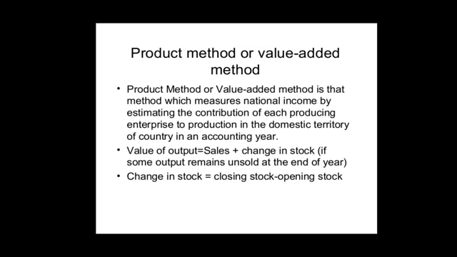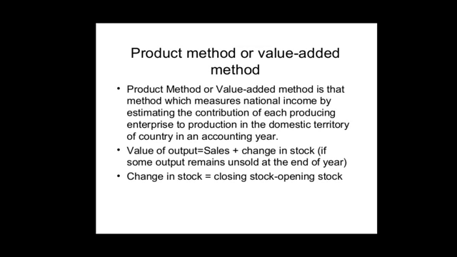Dear students, value added is the difference between the value of output and input at each stage of the production. So, in order to calculate national income by means of value added method, the value of inputs, that is the value of intermediate goods, should be excluded, or we can say it should be deducted from the value of final output.